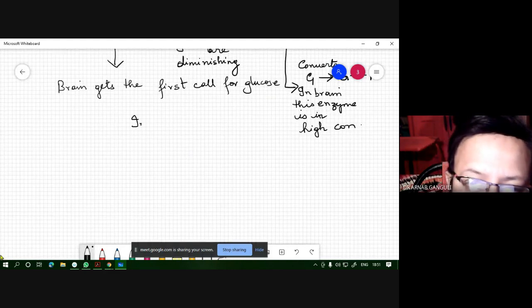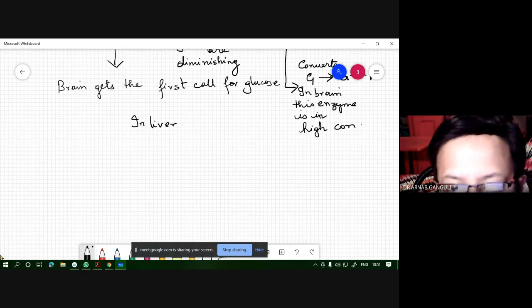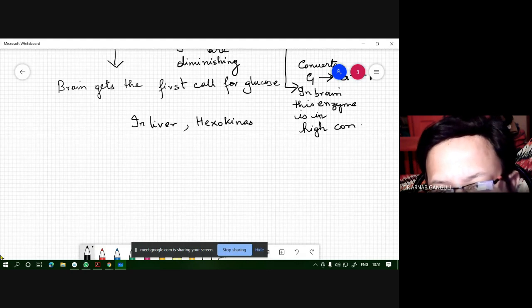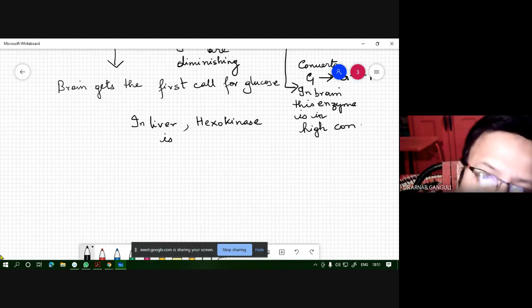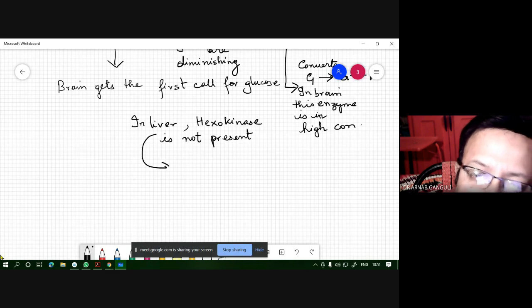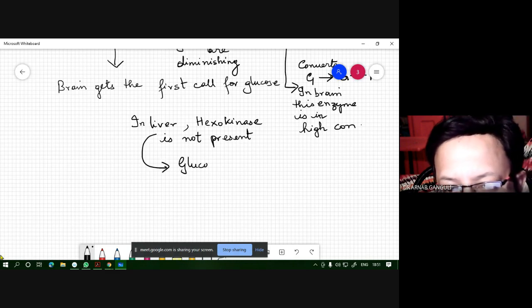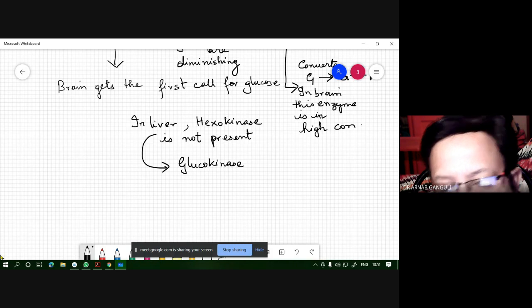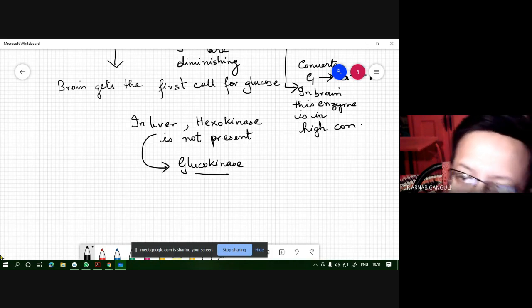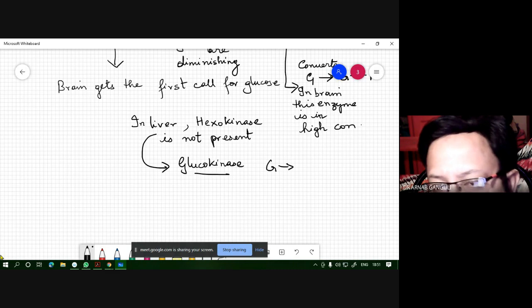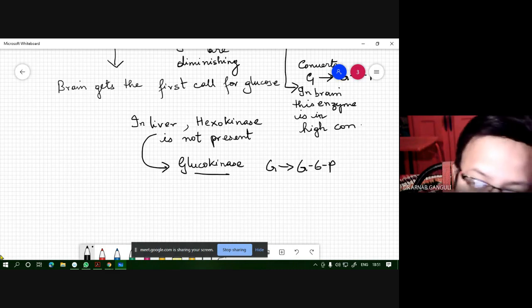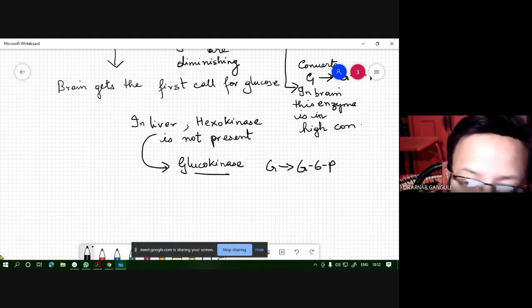At the same time, in the liver, hexokinase is not present. What is present in the liver is glucokinase. It also does the same reaction: glucose is converted into glucose 6 phosphate. So there is only one difference.